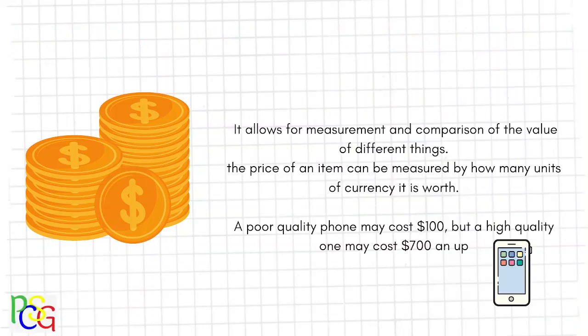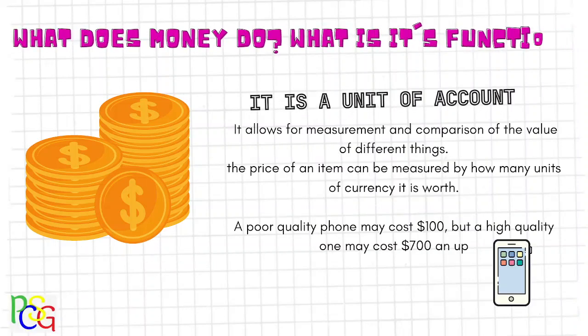The next function, not characteristic, sorry, is that it is a unit of account, and it allows for measurement and comparison of different things. The price of an item can be measured by how many units of currency it is worth.